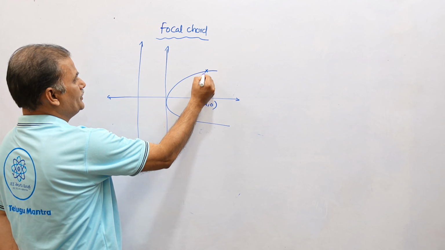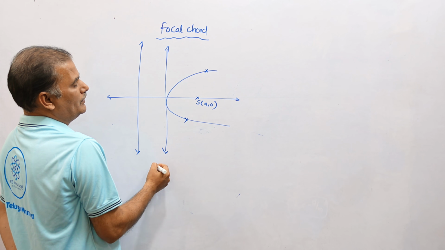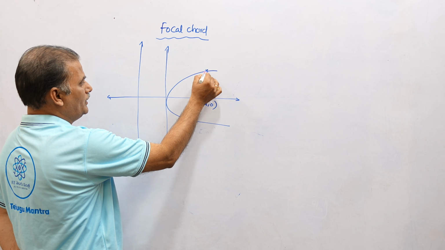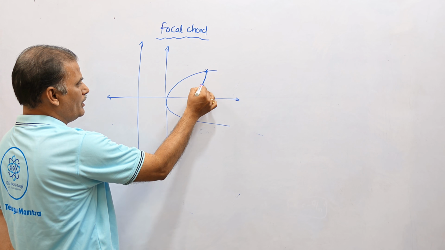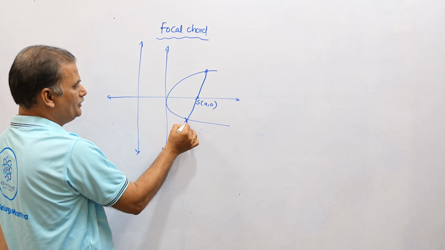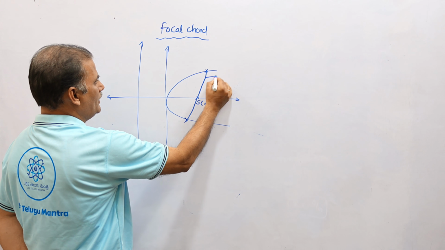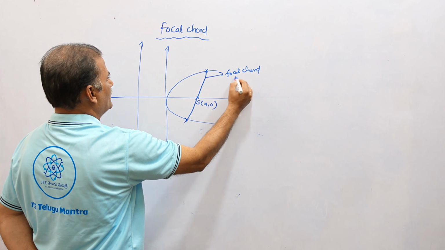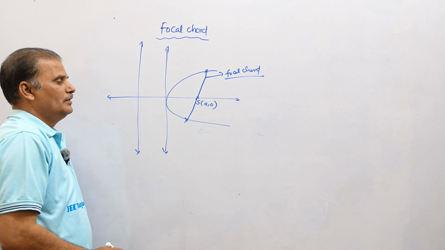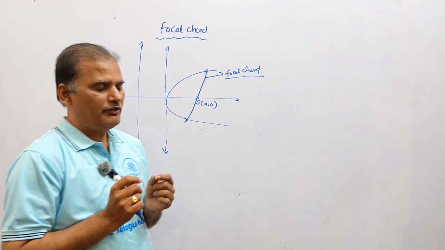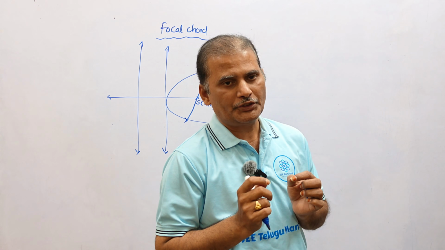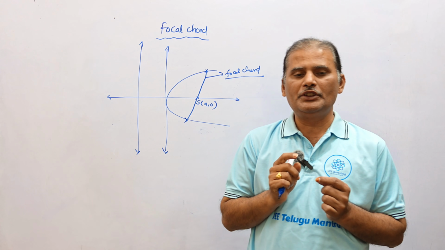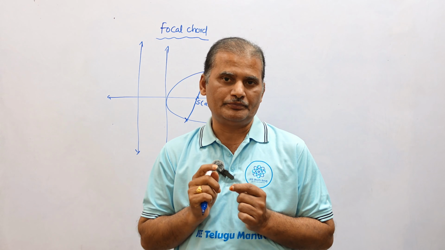If you take 2 points on the parabola, and the line joining these 2 points passes through the focus, this is called a focal chord. There is a small difference between the focal chord and the latus rectum. In the first video, we discussed the latus rectum.